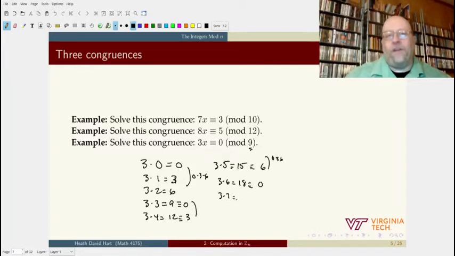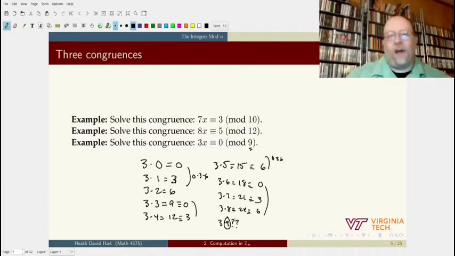3 times 7 is 21. That's a 3 again. 3 times 8 is 24, and that's a 6 again. Why don't I want to do 3 times 9? Because 9 in the system is the same as 0, and I've already done 0.